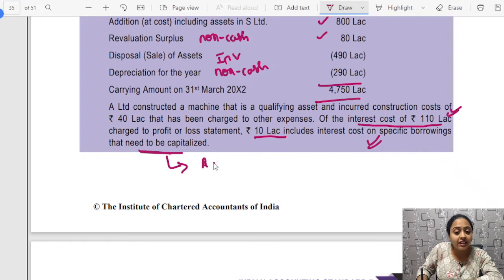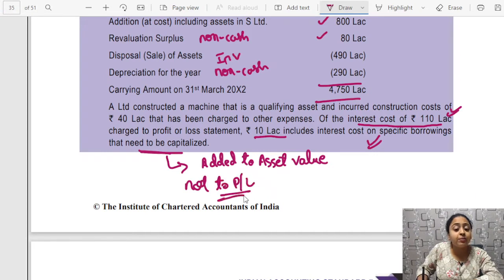It is added to the asset value, not to P&L. And if it is already included in P&L, you will remove it from P&L. See, any expense that you incur will have a debit balance. There can be two treatments. Either it will be debited to expense in P&L, or you can add it on the asset side.